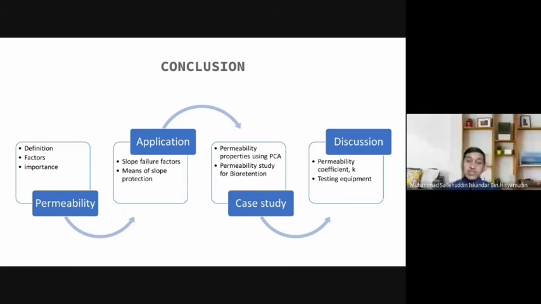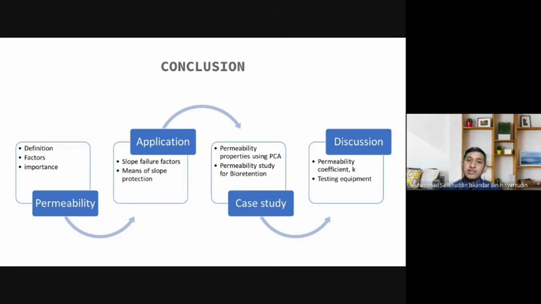On the second chapter, Application, we chose slope as a topic, and we derived slope into two things to talk about. Slope failure factors, which consist of 6 factors, 2 of them being gravitational forces and earthquake forces. And then we talked about the means of slope protection.